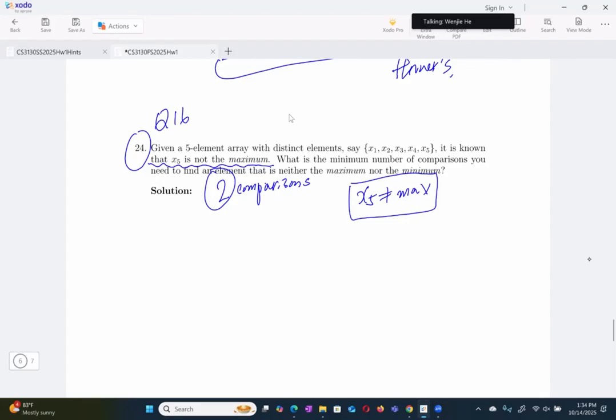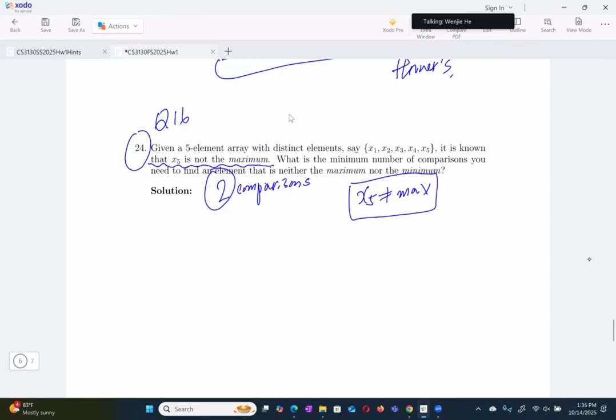Because sometimes we can remove first, then we add it back. That means if we remove this condition, our solution is 3 comparisons for the worst case. Now we add this condition back. After we add 1 extra condition, we have more information, right?